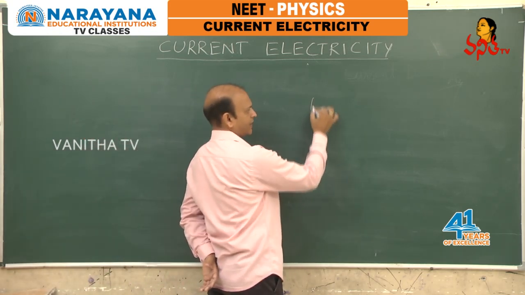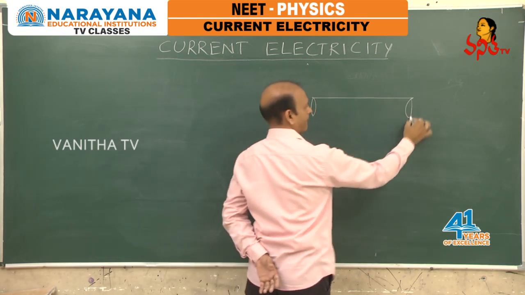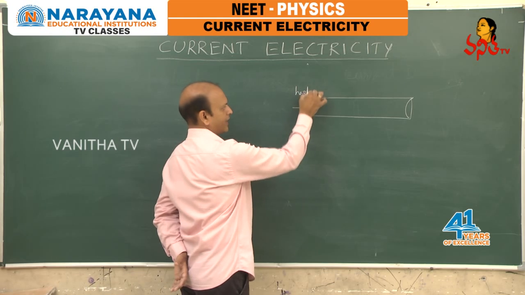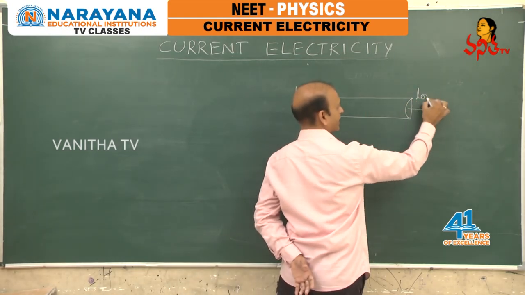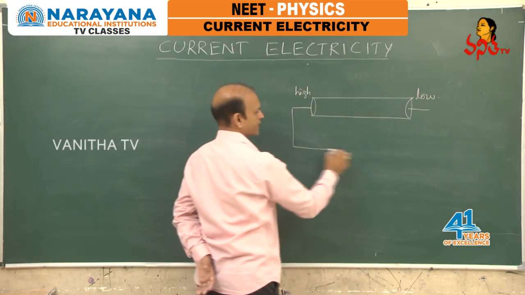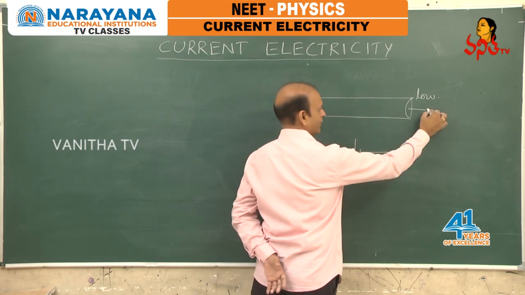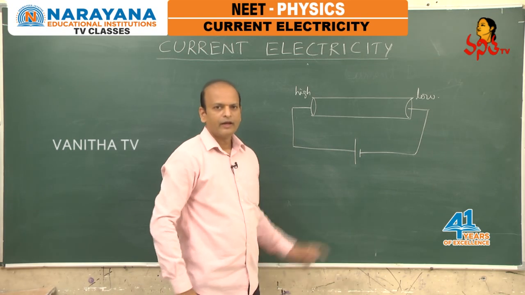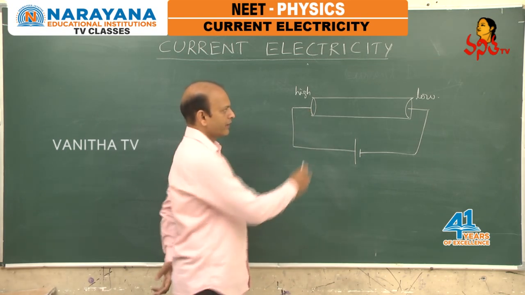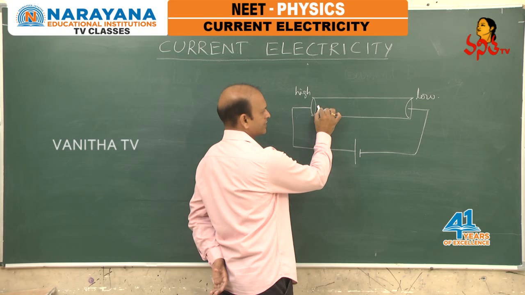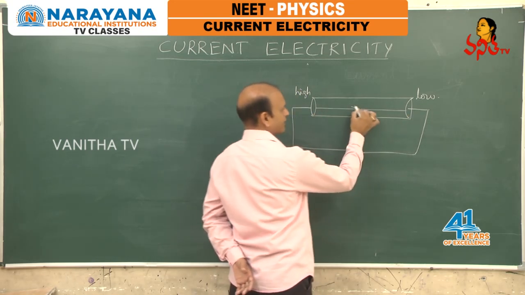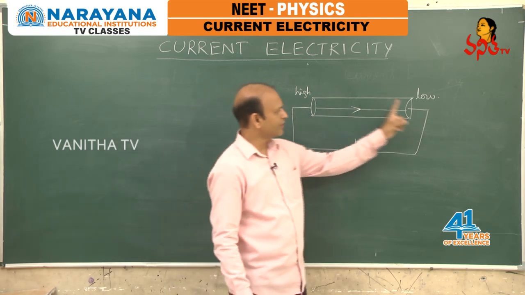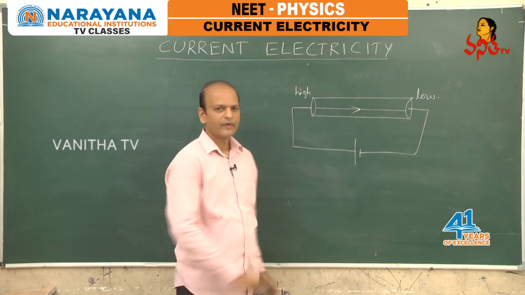We say that in any conductor, if one side high potential is applied and the other side low potential is applied using any source, which we are going to see in the coming topic, that is a cell, the direction of current through this conductor is given from high potential to low potential.